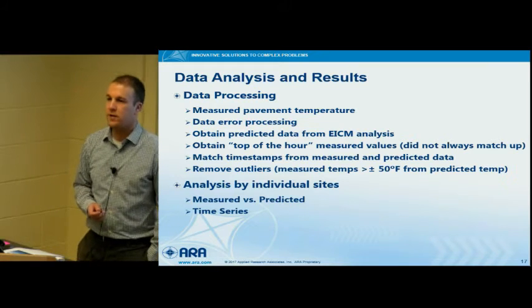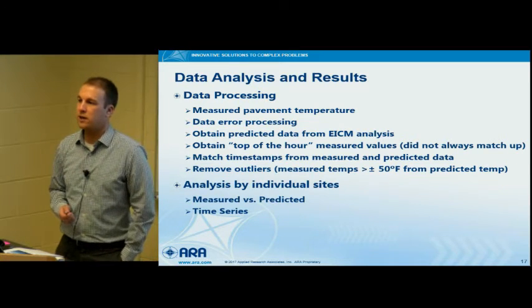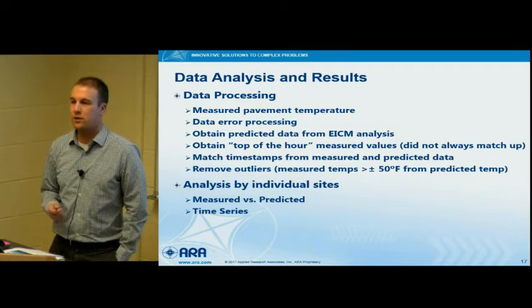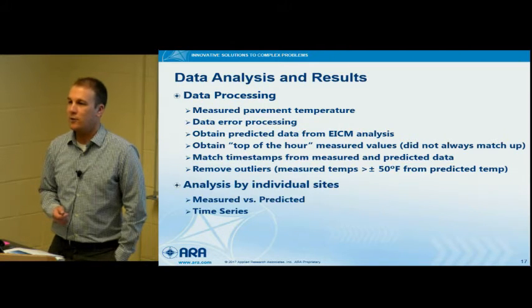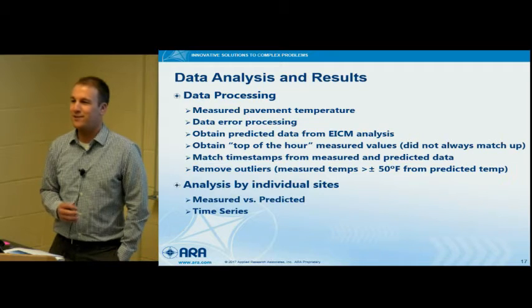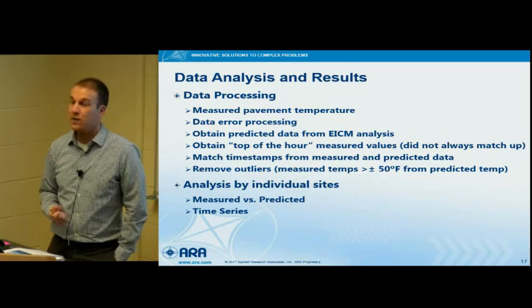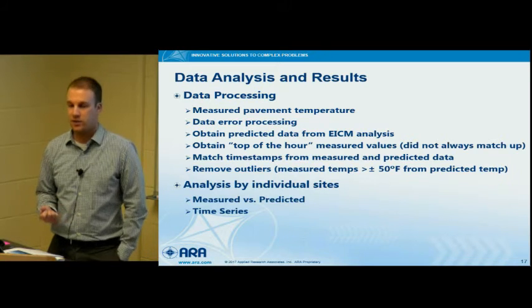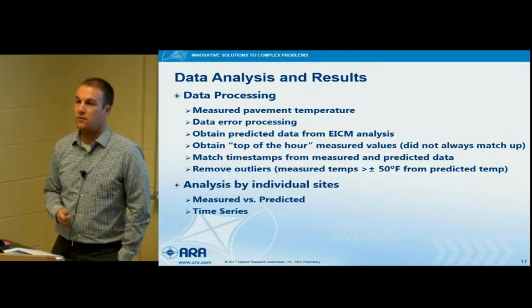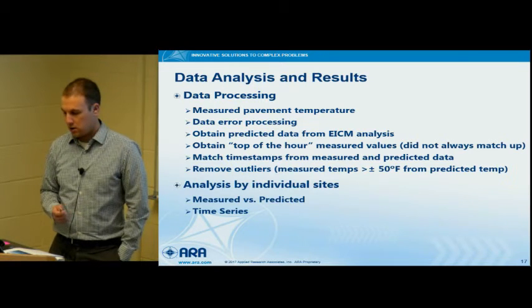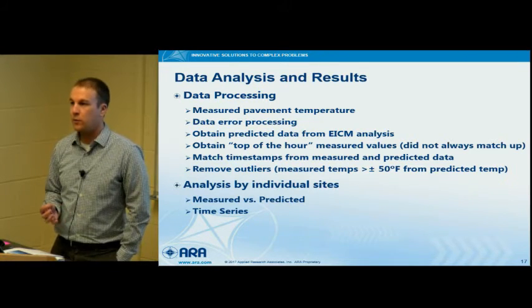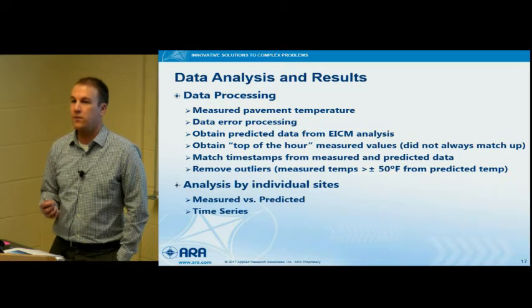There was also some data error processing, so in the measured data, some sensor measurements were like 624 degrees, which is very unrealistic, so we had to take those out. We also had to run the EICM for all these sections and extract basically the top pavement surface temperature. Because when you look at the EICM output, it goes with depth, so there's tons and tons of different measurements.